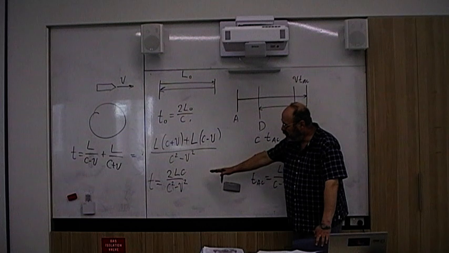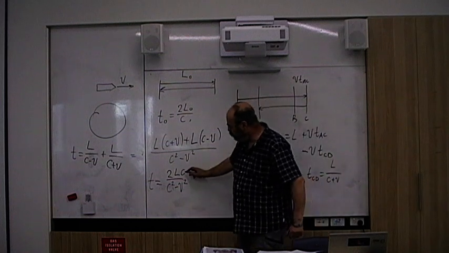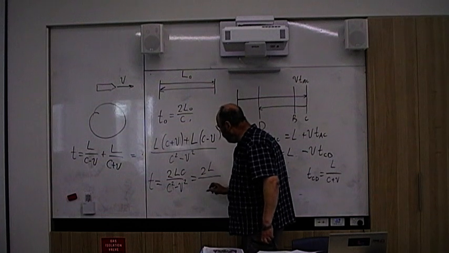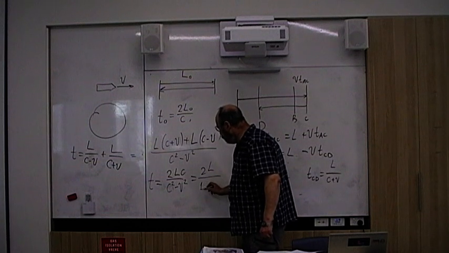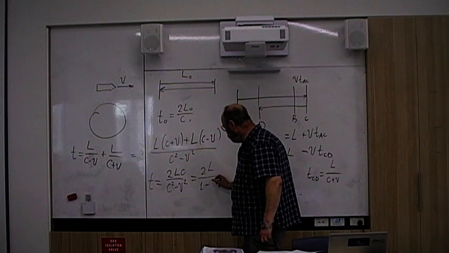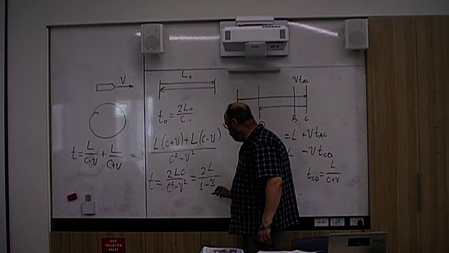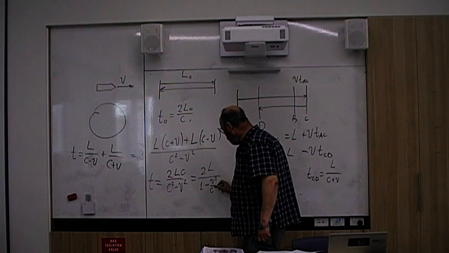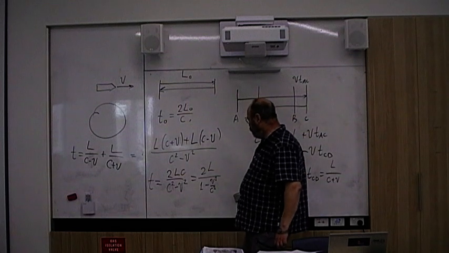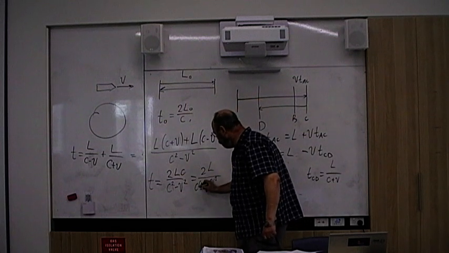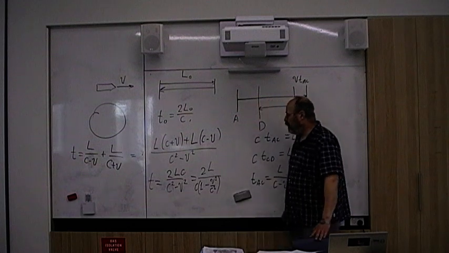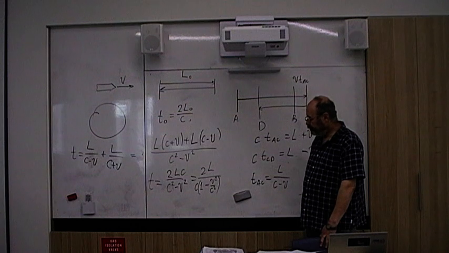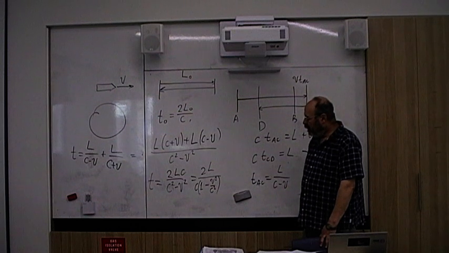And let's do one more rearrangement. Let's put C down. And we get 2L divided by C, times 1 over 1 minus V squared over C squared.